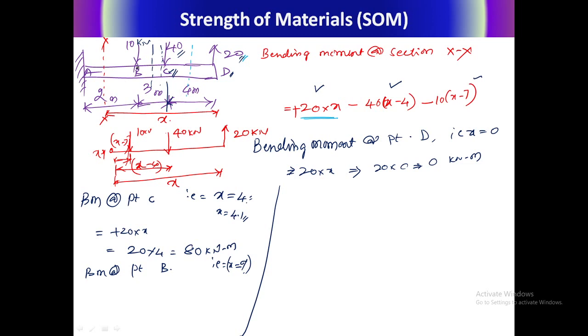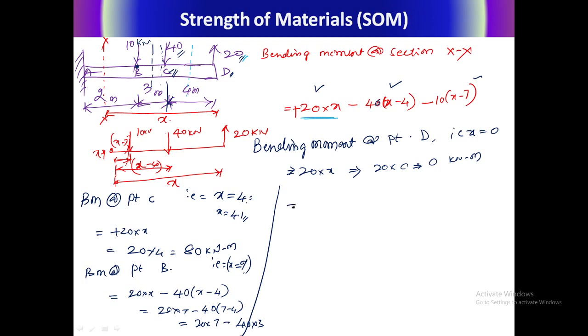Now here you need to consider the bending moment here. Now let us go for the equation here. So this is 20 into x minus 40 into x minus 4. Now 20 into 7 minus 40 into 7 minus 4. 20 into 7 minus 40 into 3.